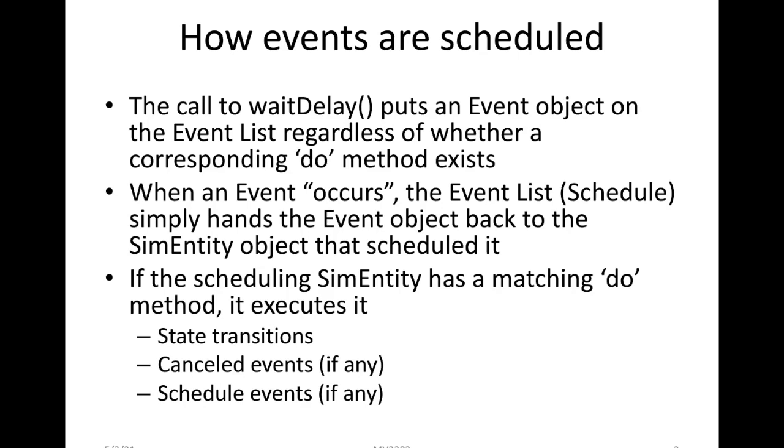In other words, it is case sensitive. So if for some reason I schedule an arrival event with a small a, even if the arguments match, because do arrival would be written with a capital A typically, then there would not be a match.